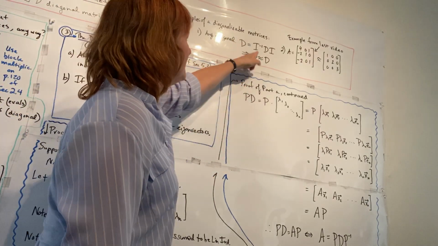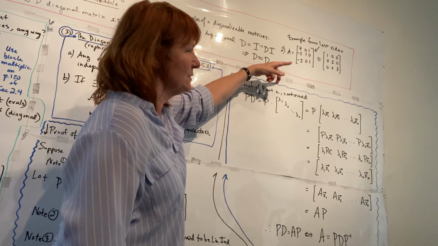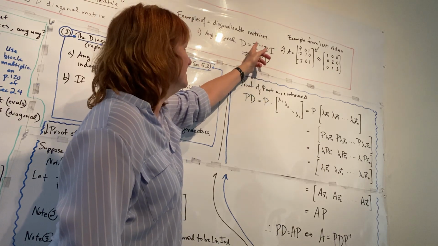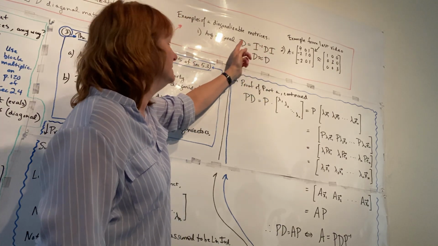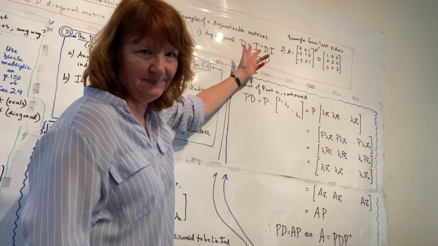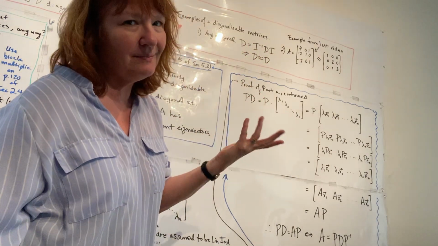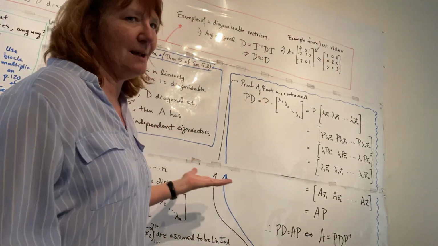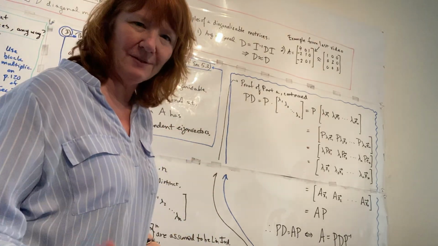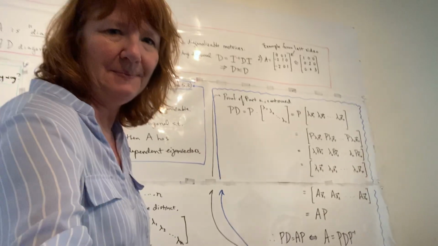Why is that? Well, to be diagonalizable, you just have to have a matrix P that's invertible, such that P inverse DP is equal to the original. Well, take the identity, right? So any diagonal matrix is diagonalizable. If you just want an easy example of one, that's kind of a trivial one, right?